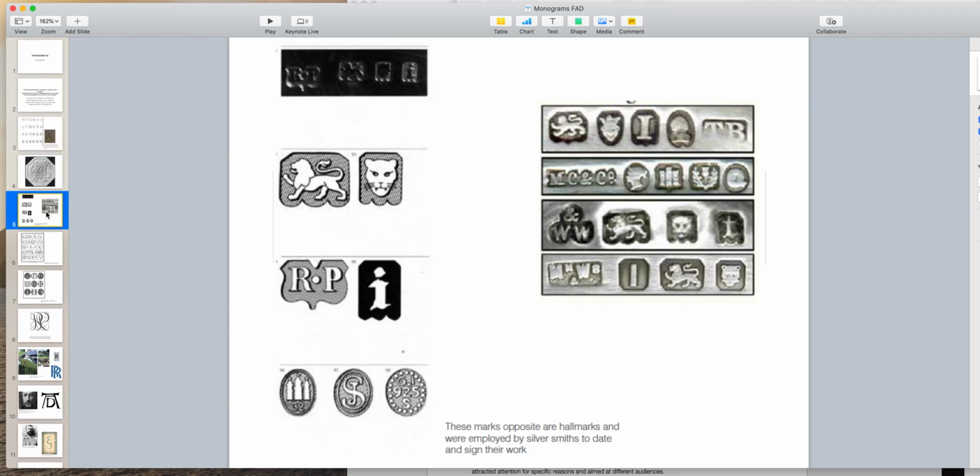It's the kind of thing you see on signet rings. And this, of course, is the hallmark stamps that were employed by gold and silversmiths. Funny enough, an anchor means Birmingham hallmark, which is strange because it's nowhere near the sea, but there you go.